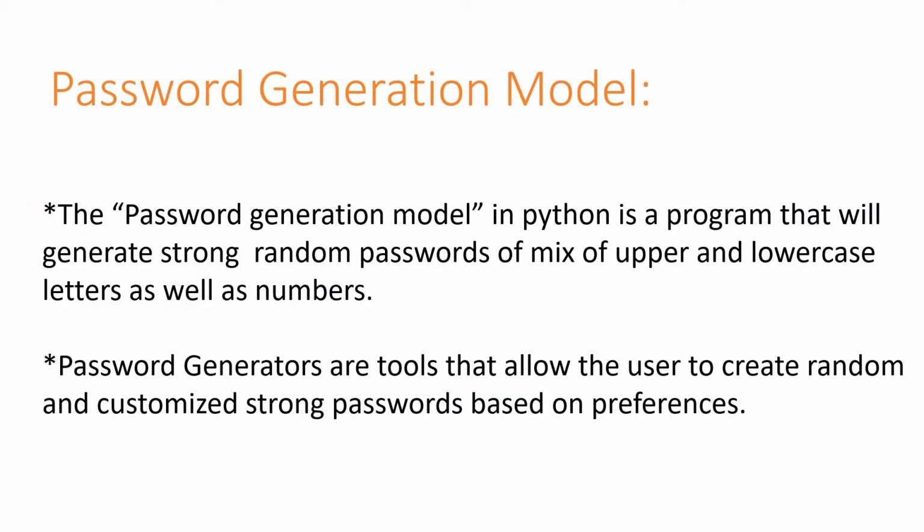Password generation model. The password generation model is a Python program that will generate a strong random password of a mix of upper and lowercase letters as well as numbers. The idea of building a random password generator in Python is very simple. First, we will create a string or list consisting of all alphabets, including both small and capital alphabets.